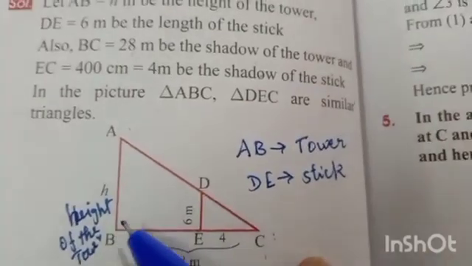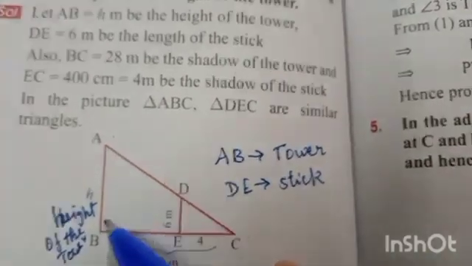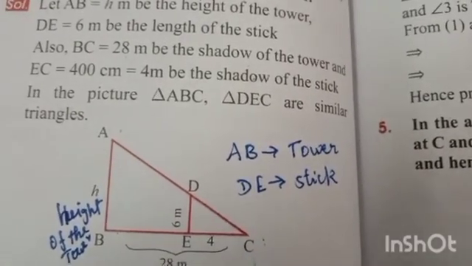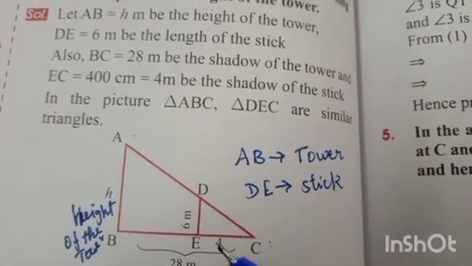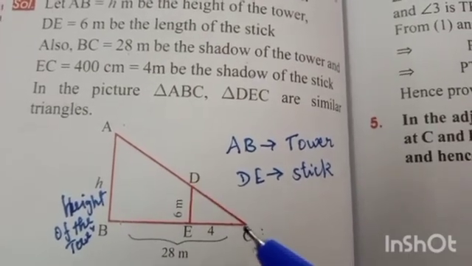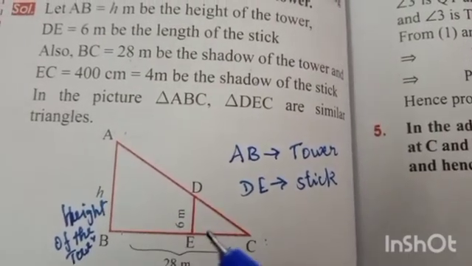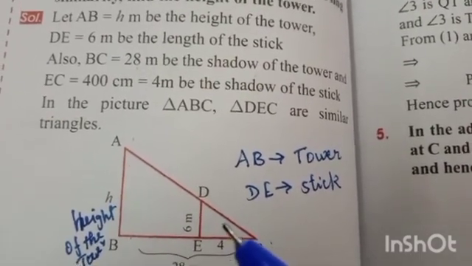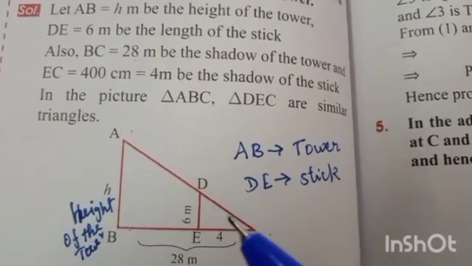Then angle B is 90 degrees, and angle E is also 90 degrees. So the two angles are equal. By AA criteria, we conclude that these two triangles are similar. Since the triangles are similar, their corresponding sides are in proportion.